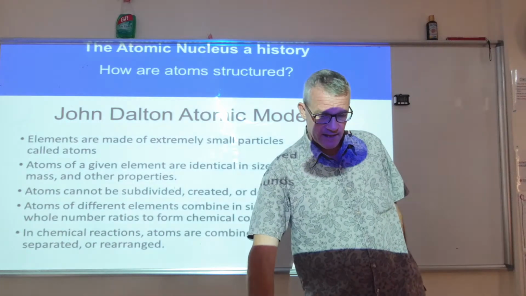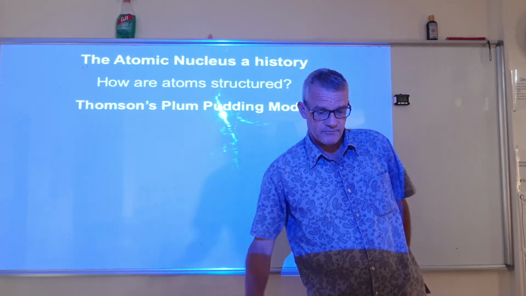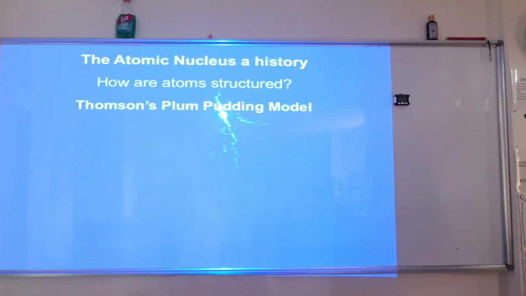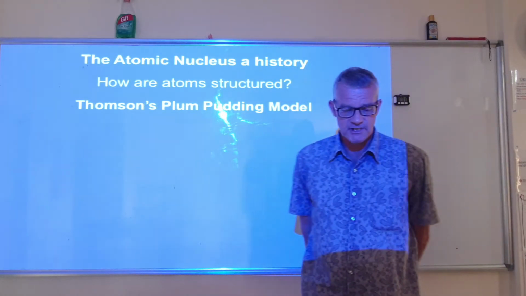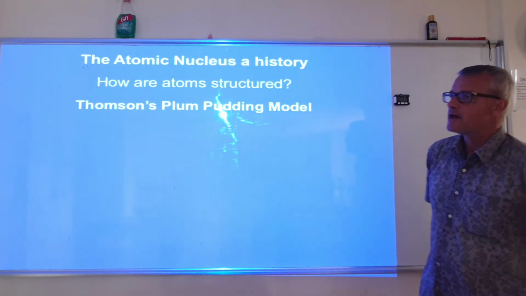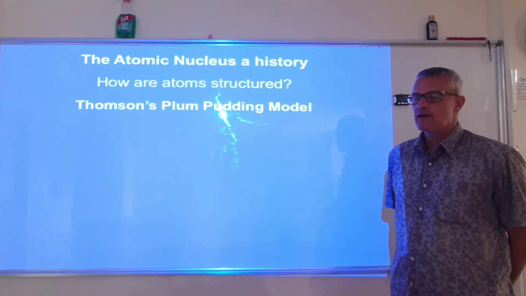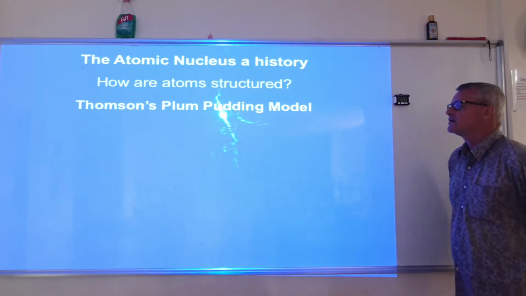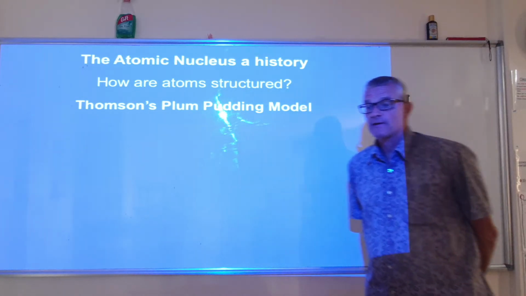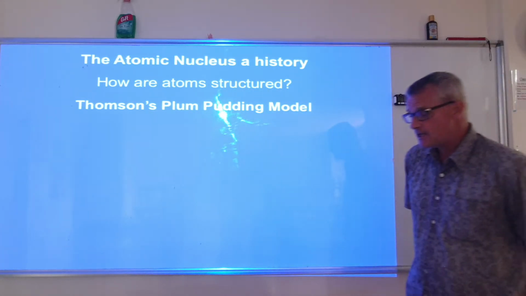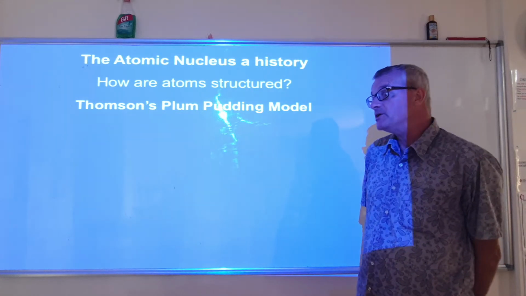Okay. In our next model, we are going to talk about Thomson's plum pudding model. He discovered the electron using a beam, and we're not going to describe the experiment. However, it's like a tube, a gas is heated up and electrons are released. How did he know that these particles were electrons, as he called them?